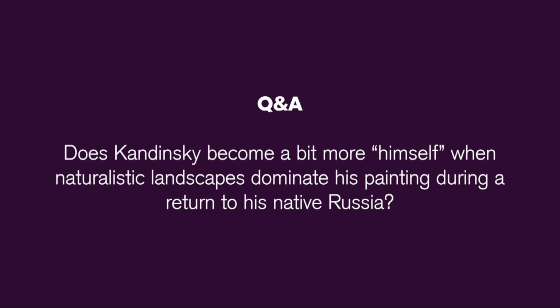They, in a way, became more naturalistic. The colors are much closer to nature. I tend to think that during the First World War, and this real trauma in his life of having to leave everything behind, he really was unable to paint for quite a while.